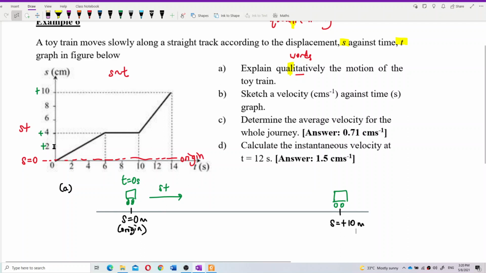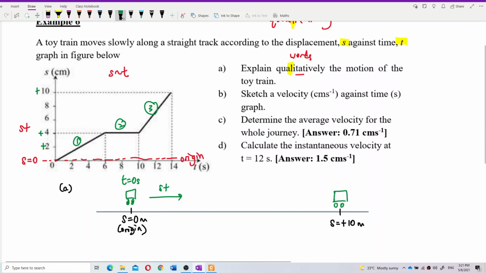Now let's talk about stage by stage, because here you see there are 3 stages. We can put this into 3 stages: 1, 2, 3. Now I need to explain qualitatively the motion of the toy train in each of these stages. What is meant by the gradient of the displacement time graph?